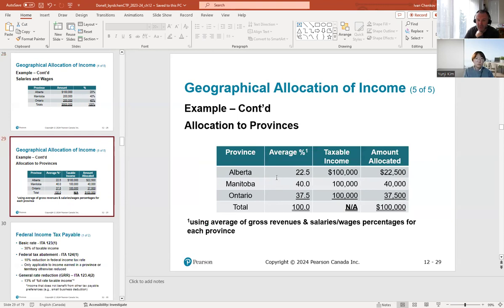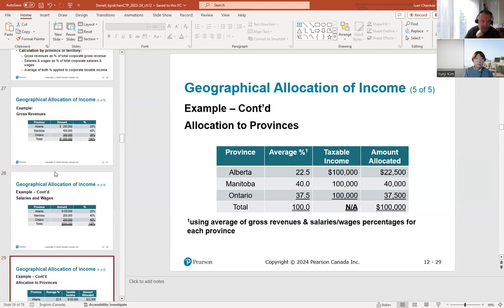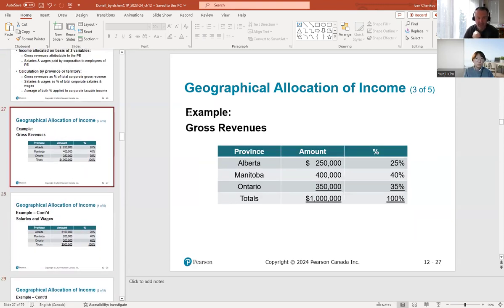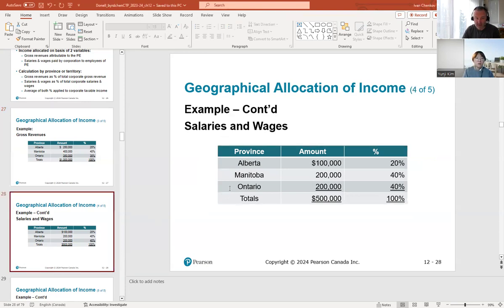Now, how is that going to be allocated by province? That's the interesting thing. Have you seen this before? No. I don't think this will come up on the exam, but I have seen questions with this. The only reason they throw these questions is because of the location, and it's not that complicated.